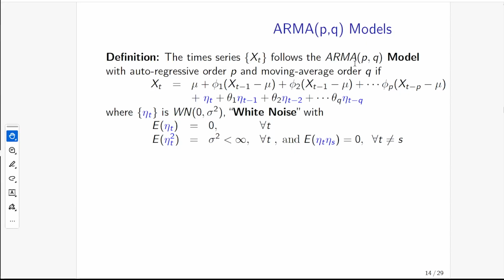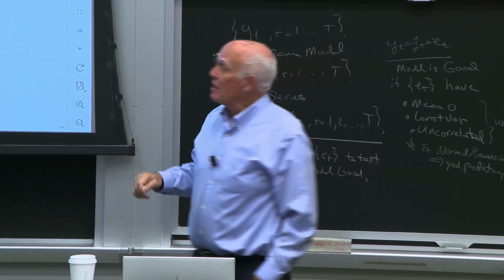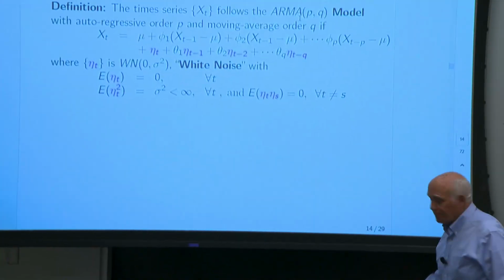And then the next row is the sum of the white noise terms at time t, t minus 1, up to t minus q. So ARMA(p,q) models are a parsimonious case of time series models where we just have p autoregressive parameters phi1 to phi p and q moving average parameters theta 1 to theta q.